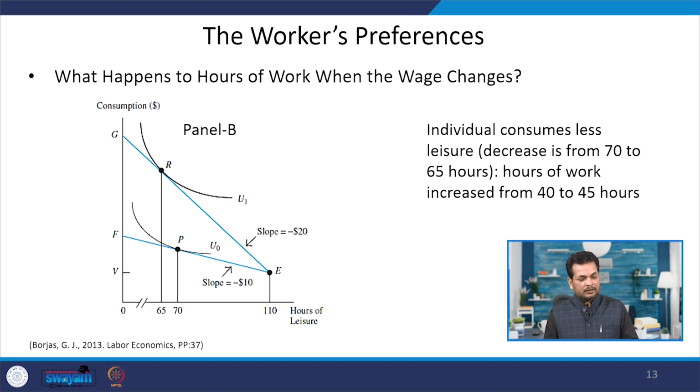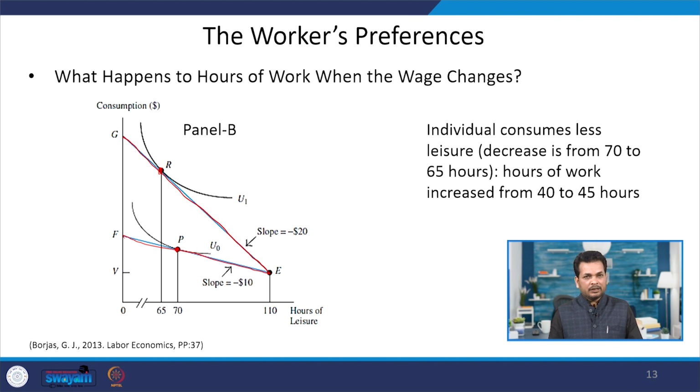In this situation, the same effect, the worker's wage rate has increased from 10 to 20, so his opportunity set has increased from EF to EG, and the worker has moved from point P to point R while maximizing his satisfaction by consuming both leisure and work.